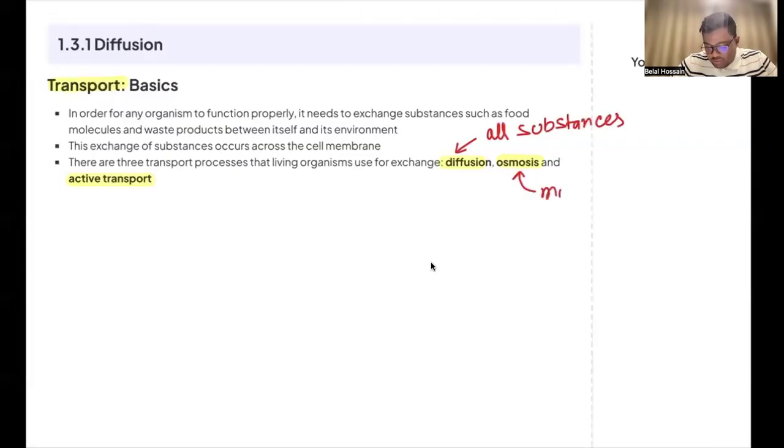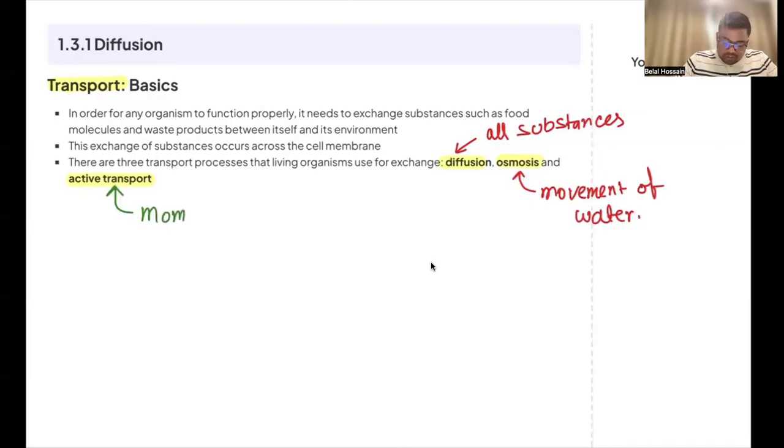Osmosis is the movement of water. And active transport is the movement of substances against the concentration gradient.